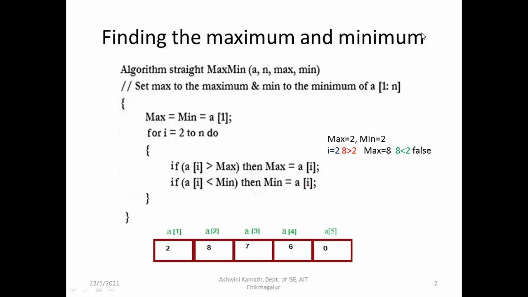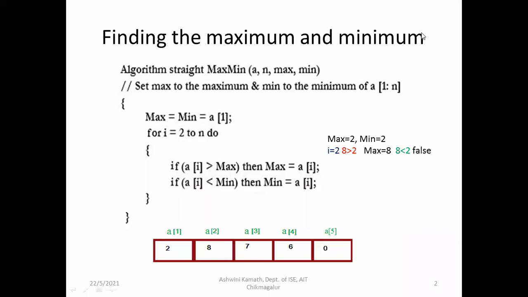Then for i equal to 2, a of 2. What is a of 2? A of 2 is 8. 8 is greater than 2. Max value is 2, min value is 2 initially. So 8 is greater than 2, the condition is true, so change the value of max to a of 2, that is 8. Max is equal to 8.